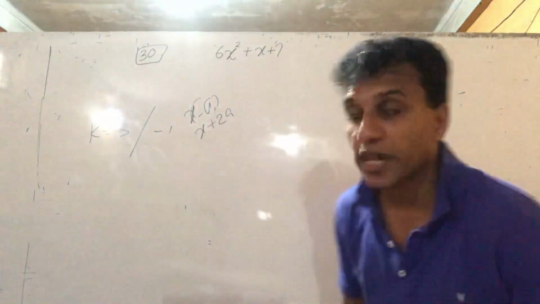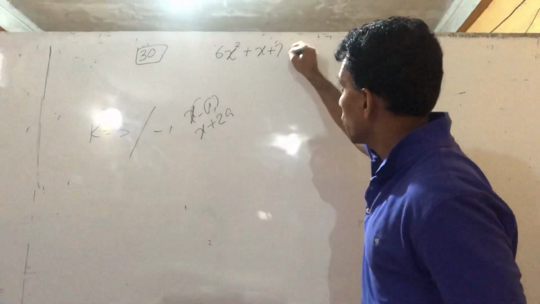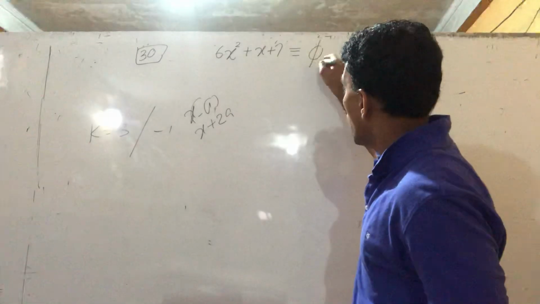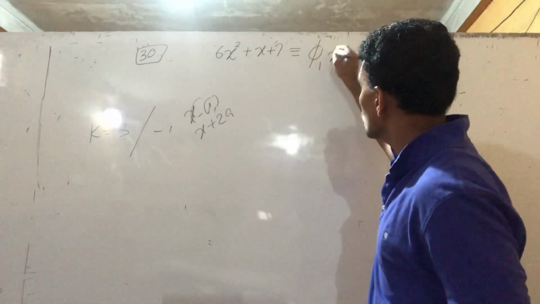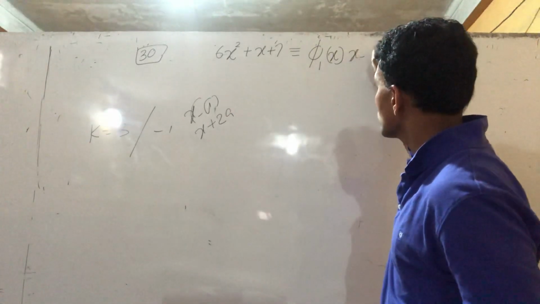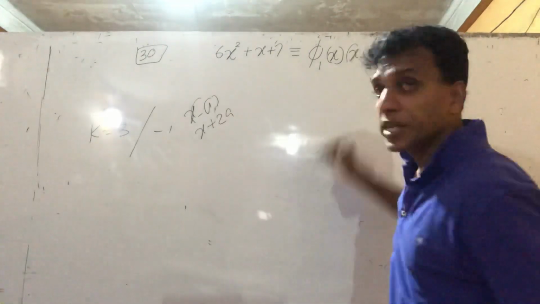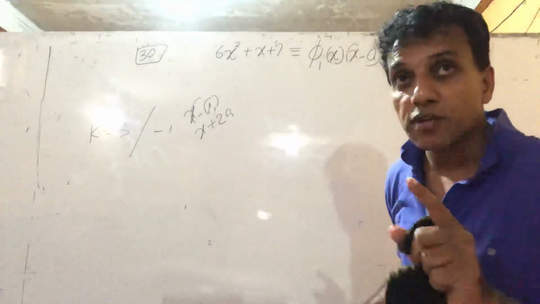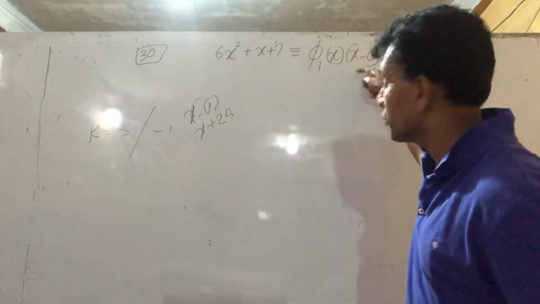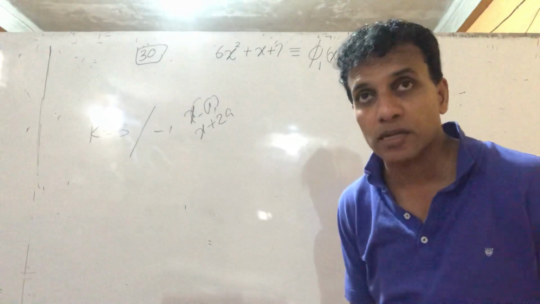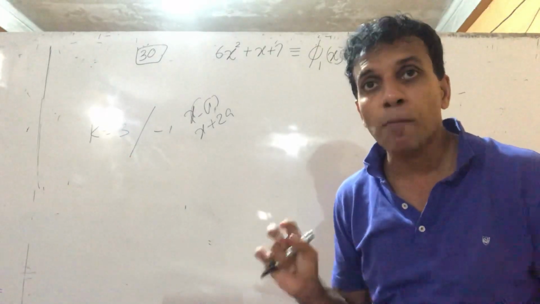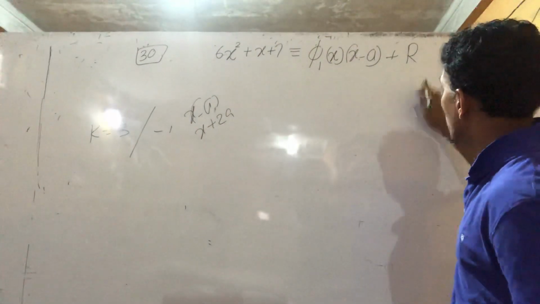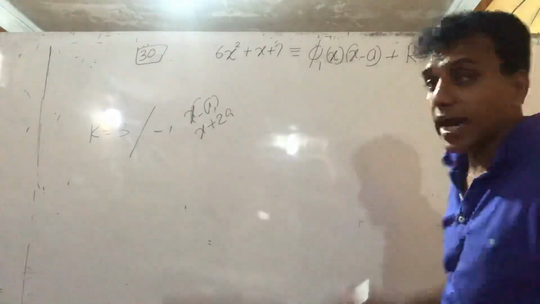For the first occasion, I will show the pattern. This polynomial equals quotient into divisor plus the remainder. The divisor is a linear function, and if the divisor is linear, the remainder is always a constant number. I call it R. This is the first identity.